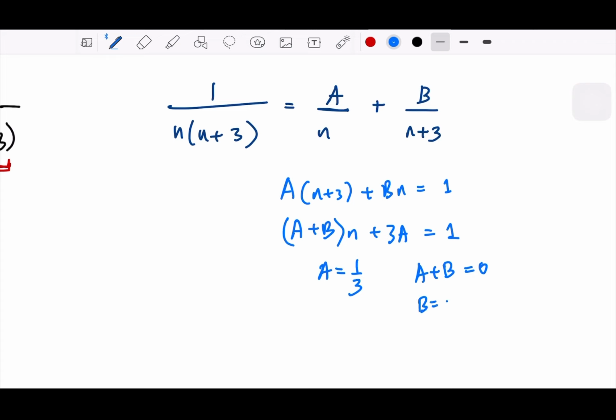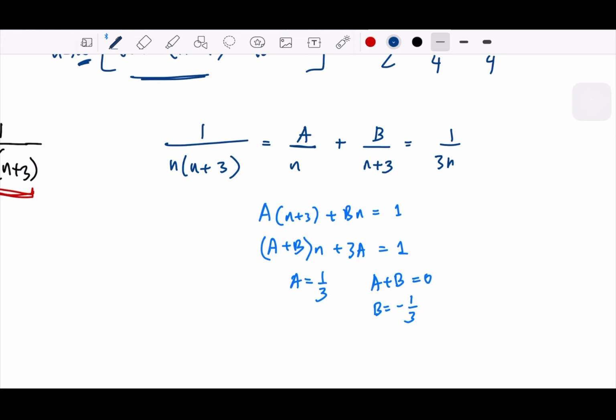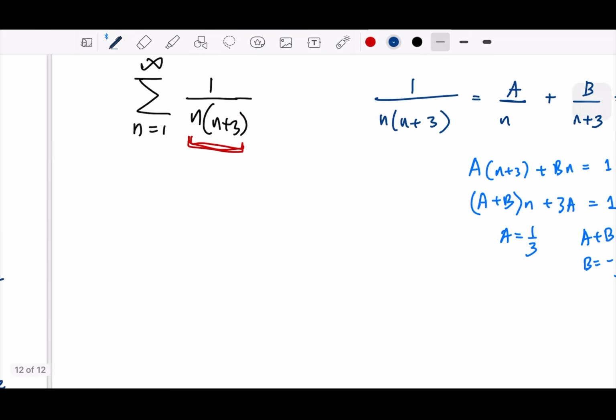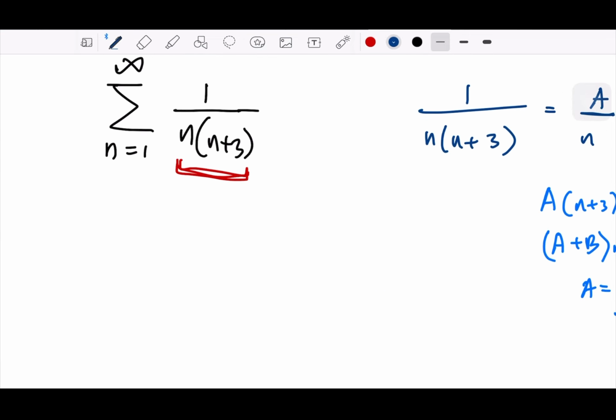So b is negative 1 over 3. So we will have 1 over 3n minus 1 over 3(n plus 3). So let's use this equation to separate this series. And then it's similar with the tangent inverse that we have done before.